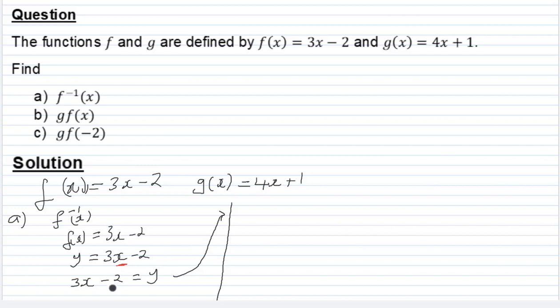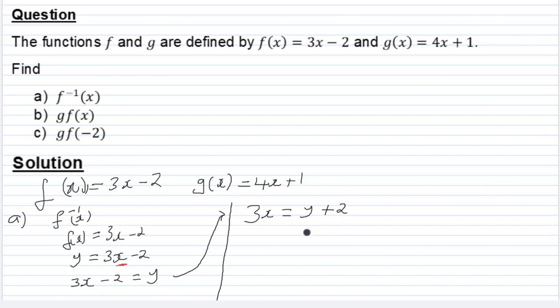Whenever you do that, you have to make sure that the sign of this number changes when it goes to the other side. So we are going to write 3x is equal to y. Now it has gone to the other side. Since it was minus, here it becomes plus.